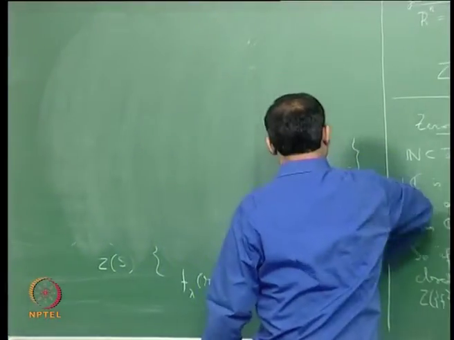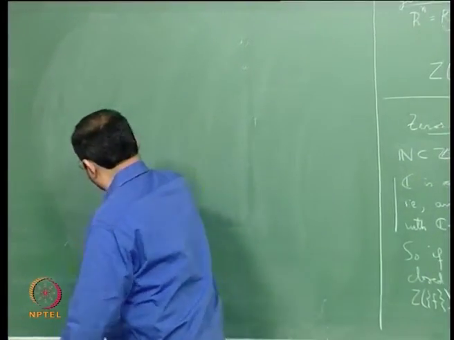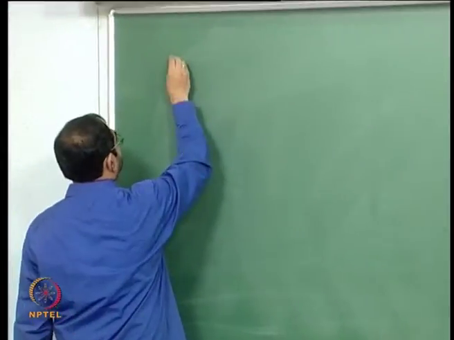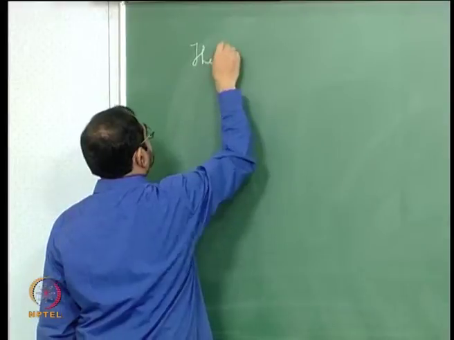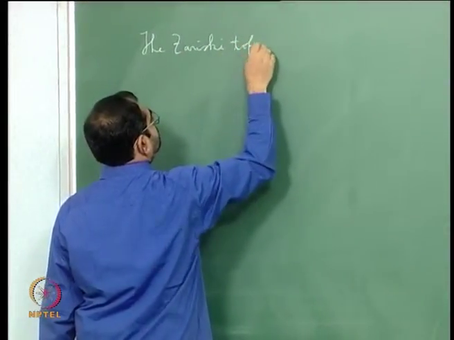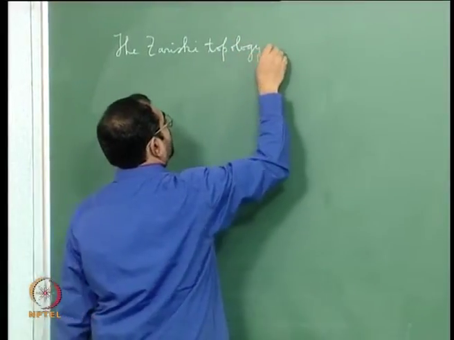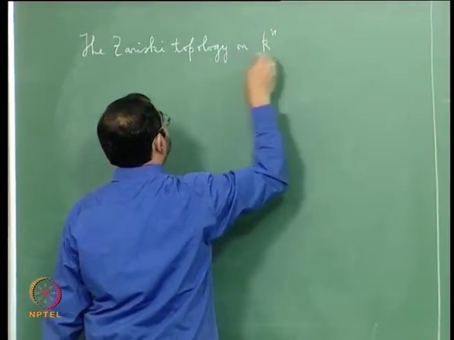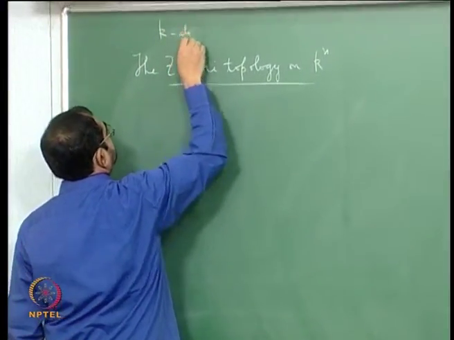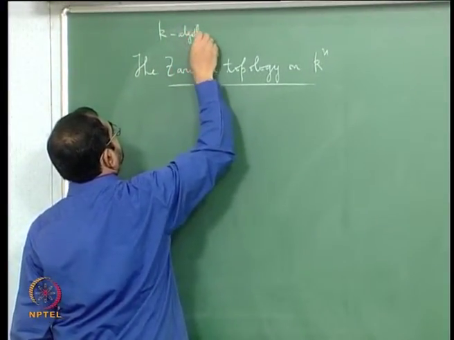What I am going to do is the following. The Zariski topology on K^n, of course K an algebraically closed field, let me write it here.